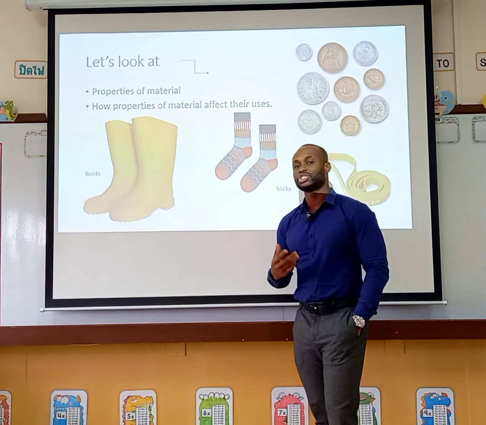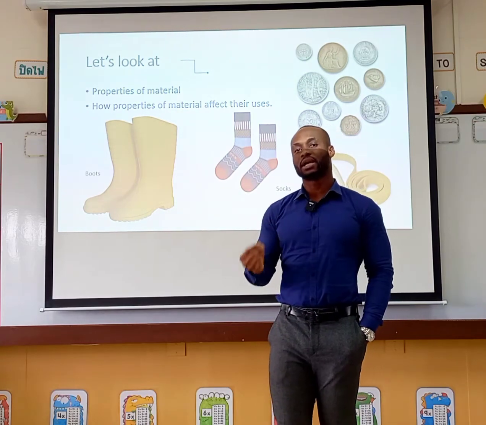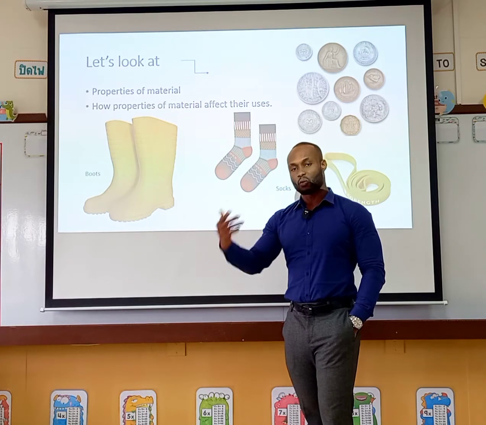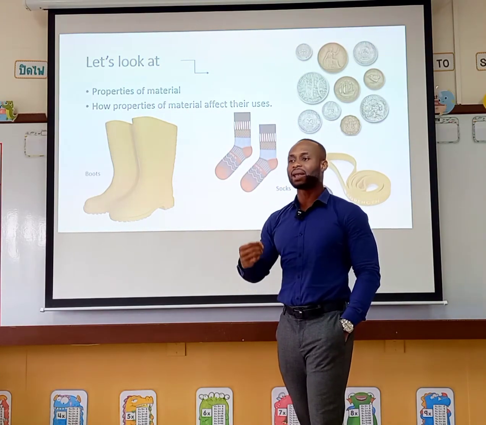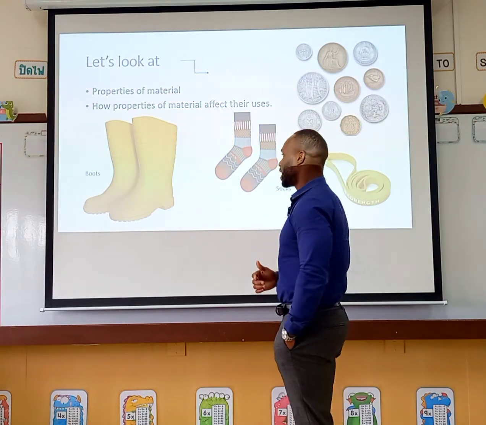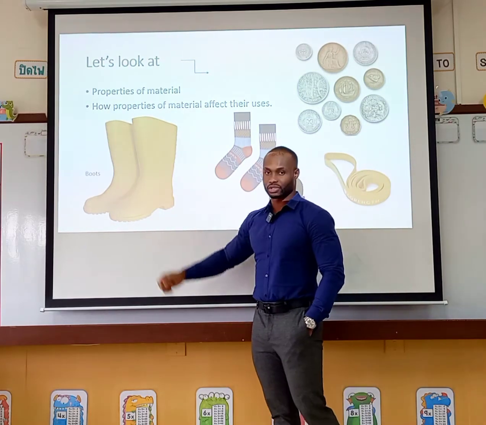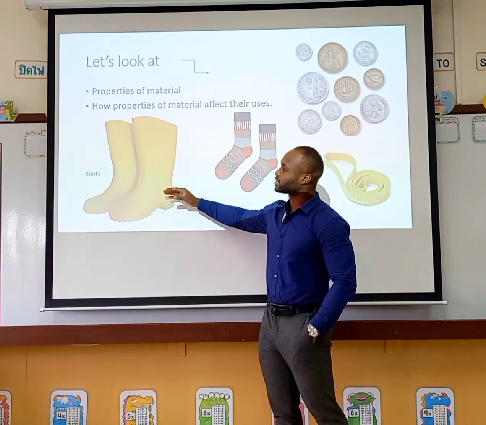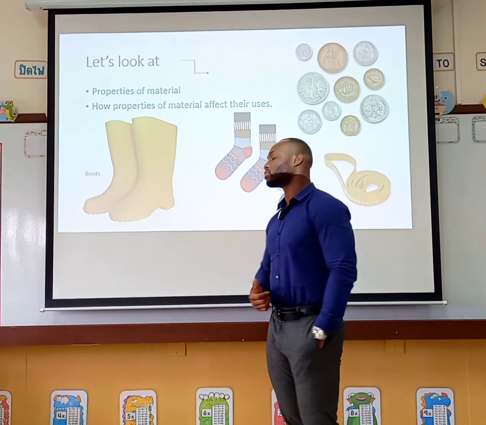For example, a chair is made from wood, and wood is a very, very hard material that can withstand a lot of scratches and can stay for a long period of time, okay? Another example that we have here is boots. Boots are made of rubber, and this is very, very durable, okay? Can stay for a very long time.